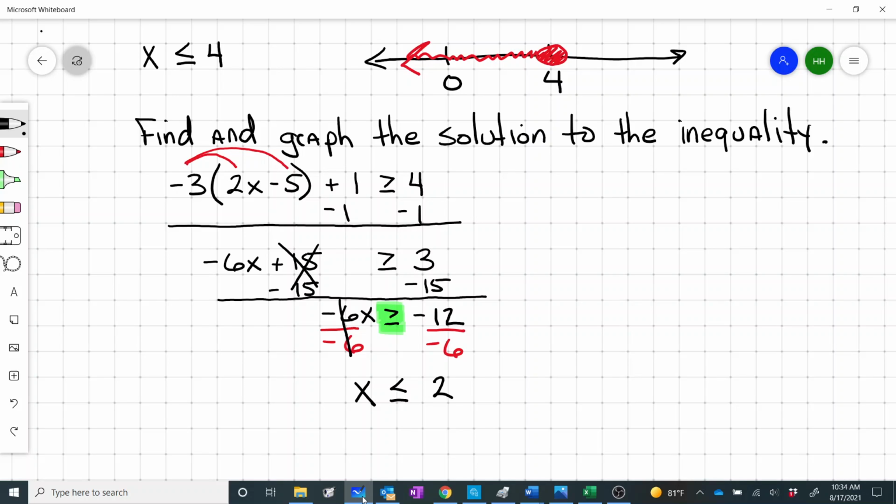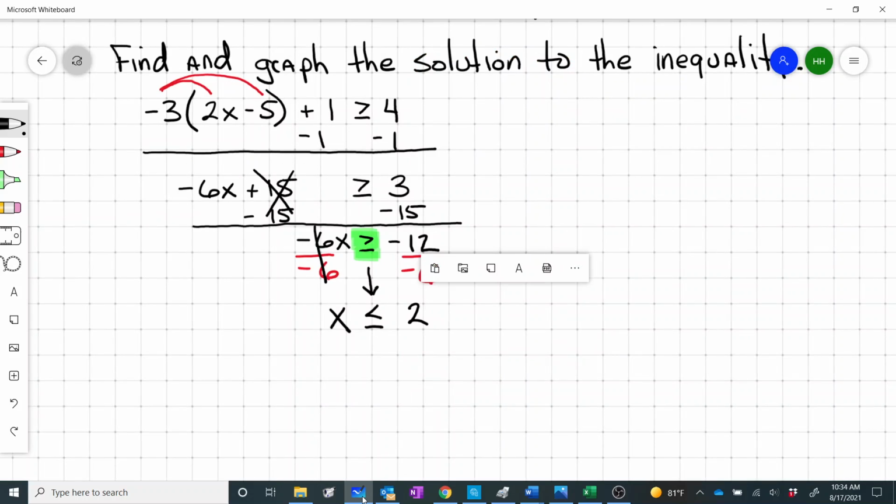But we only did it on the left-hand side. So we left the inequality alone. It's when you divide both sides by the negative that you have to change the direction of the inequality. So then what we're graphing now is this x is less than or equal to 2.